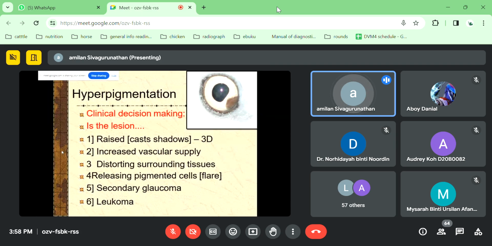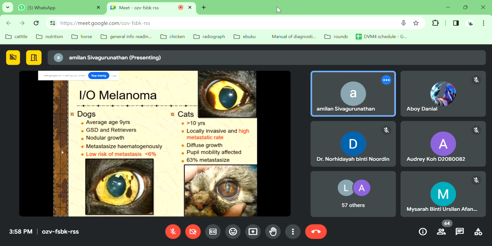The uvea can be affected by both primary and secondary neoplasia. Primary means originates in the eye, and secondary is from another location. The differential diagnosis for intraocular neoplasia should include all these non-neoplastic changes, including what we call uveal cysts and so forth.